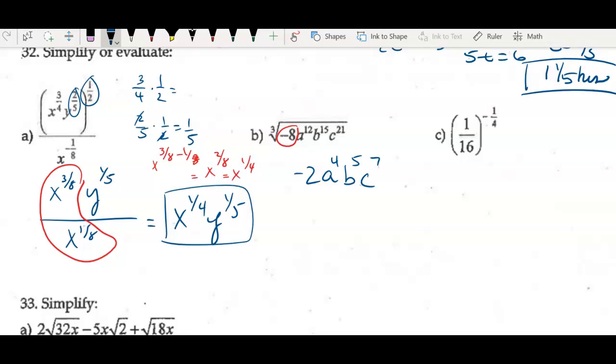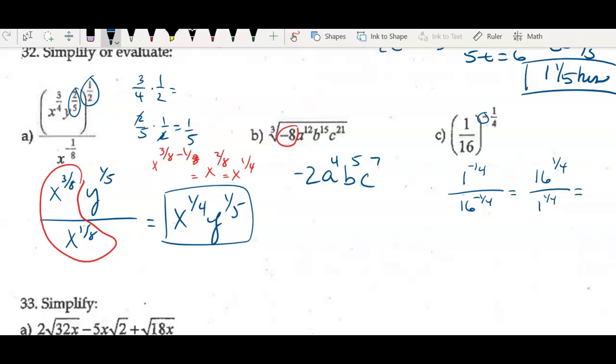All right, 1/16 to the -1/4. First of all, the negative power flips it. You can look at it this way. You can do 1 to the -1/4 and 16 to the -1/4. Because they're both negative, we can put 16 to the +1/4 and 1 to the +1/4.